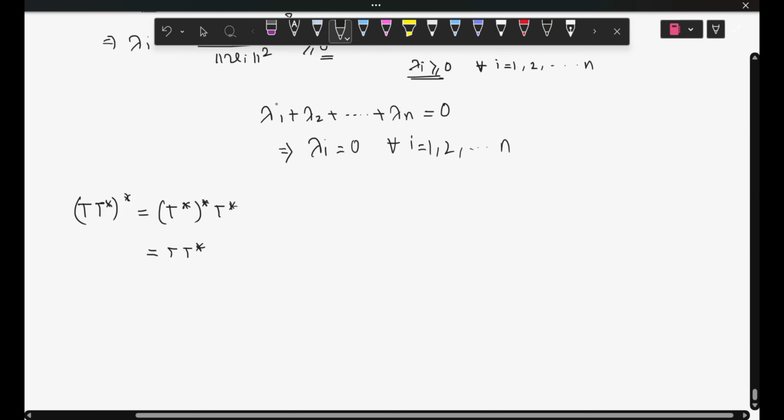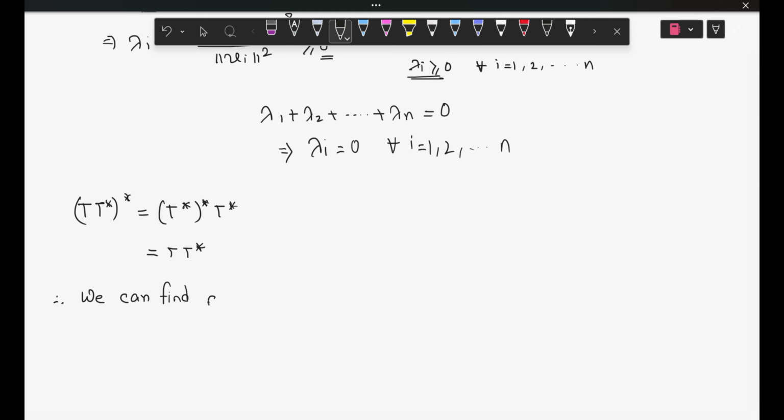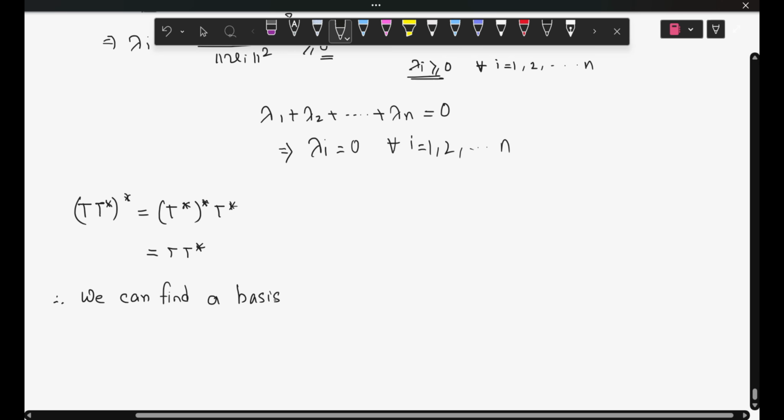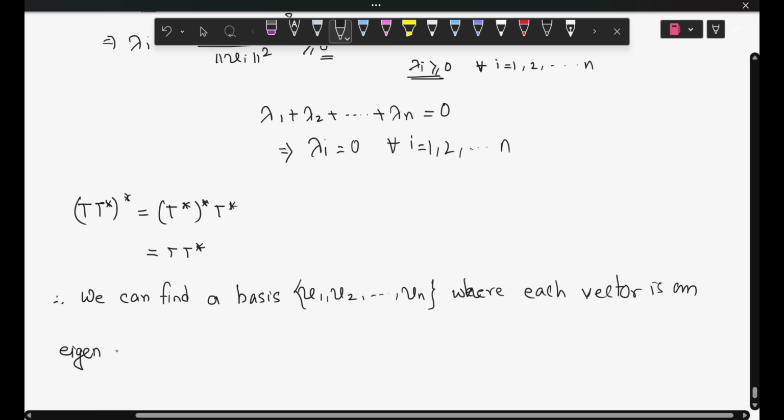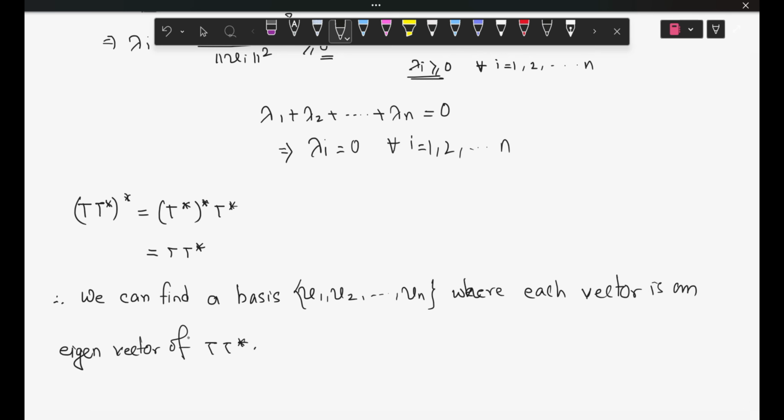Therefore we can find a basis v1, v2 up to vn where each vector is an eigenvector of T star, by the definition of diagonalizability.